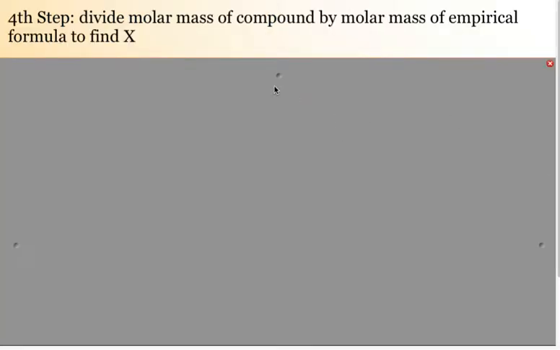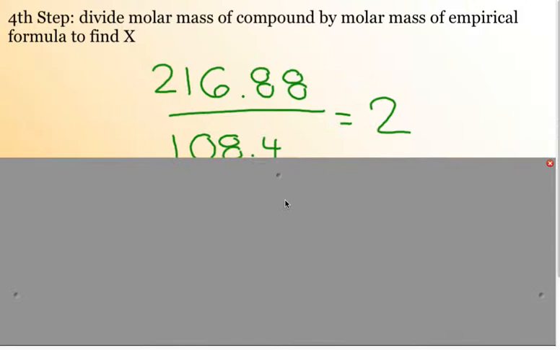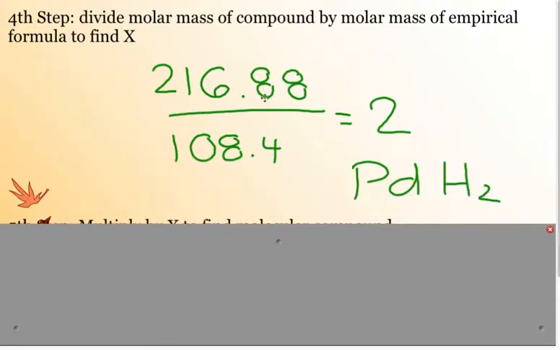What I did is I took the molar mass that they told me. So this 216.88 is from the problem. They said this is what the molar mass should be. I divided it by the molar mass that I got from my empirical formula. And again, it's not perfect, but 216.88 divided by 108.4 is 2.0007, which is effectively 2.